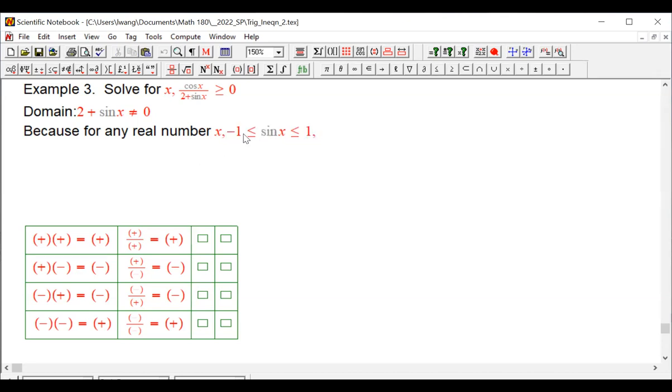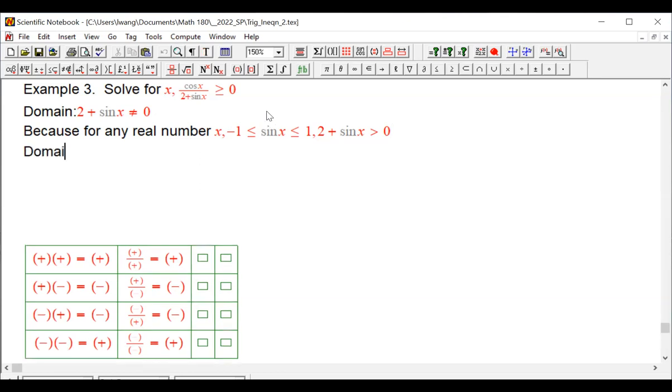Therefore, 2 plus sine x is always positive. So the denominator will never be 0. So the domain is all real numbers.